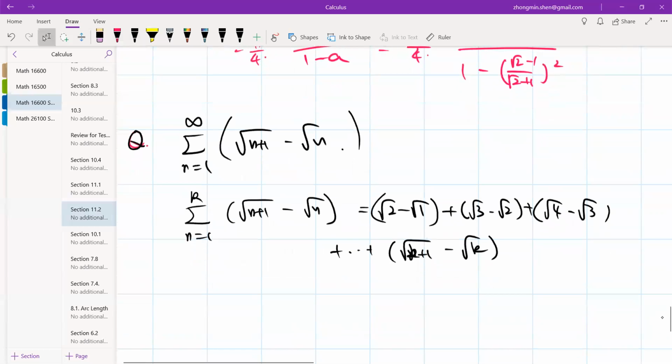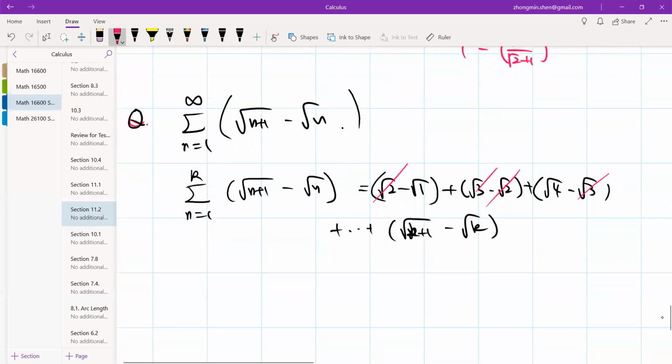But what you can see is the square root of 2 cancels out, then the square root of 3 cancels out. So how many terms are left? I think only 2 terms left, which is the last square root minus square root of 1. All the other terms will be cancelled out. And clearly this approaches positive infinity as K approaches infinity.